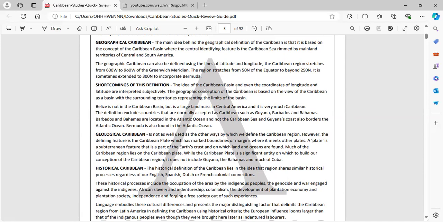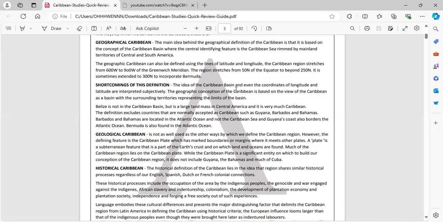I did that. My teacher in high school always said to do that, because once you did that, the markers will realize that you have some knowledge about what you're talking about, and that you're using the key terms and key words. These five words are the key words in defining the Caribbean.